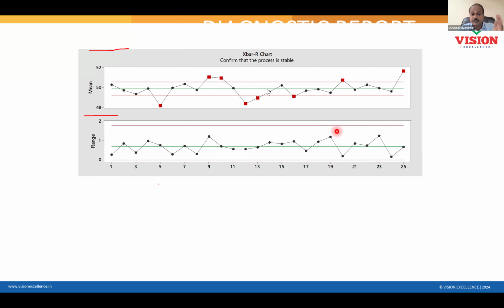You cannot. Your process will become stable only if actions are taken on each of the special causes. Yes or no? If an action taken report is available, you can perform capability analysis. If an action taken report is not available, the process is not eligible for any test. All of you understand? Even if you perform the test, even if you get a great Cpk value, it has no meaning at all.